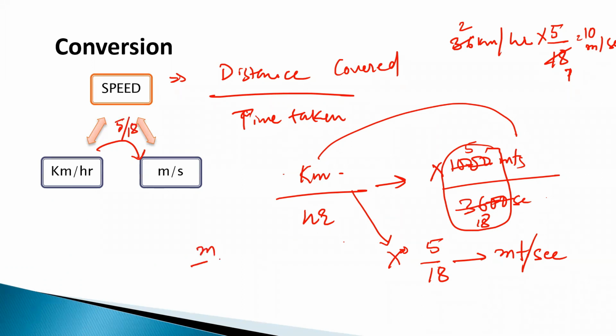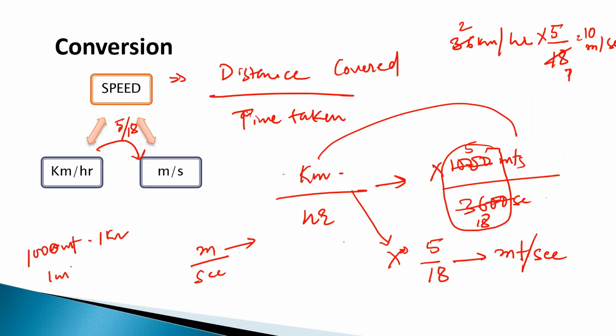Now, let us see how to convert meter per second into kilometer per hour. You know that 1,000 meters equals 1 kilometer.